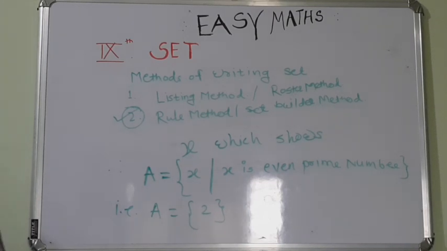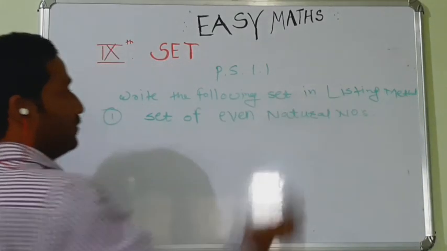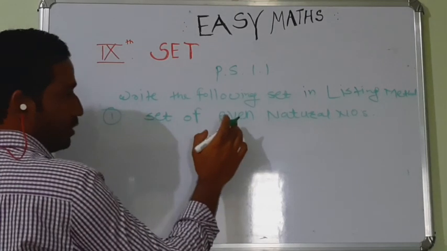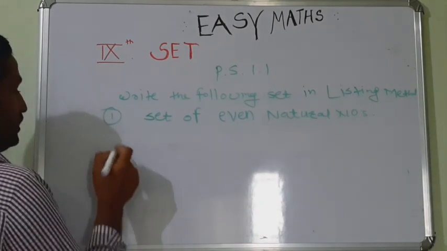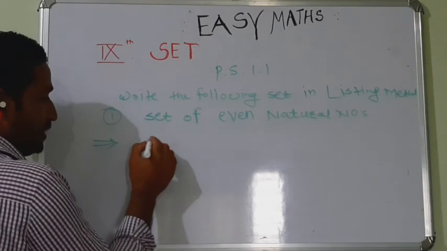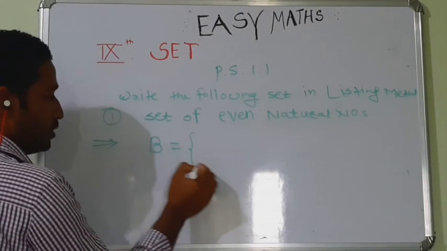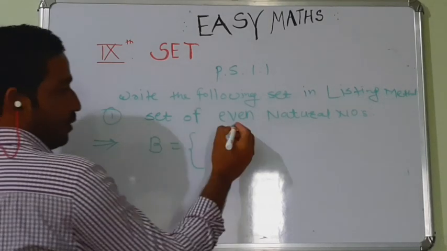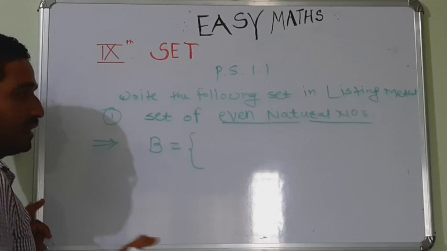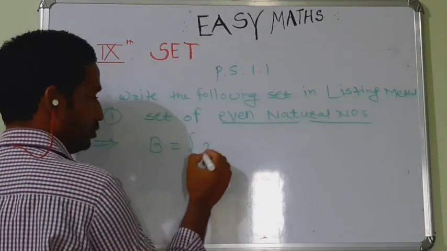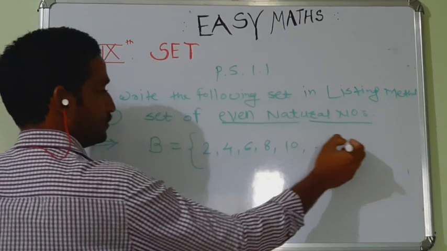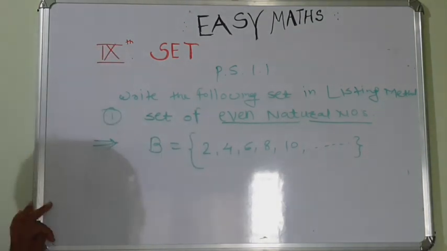Practice set 1.1. Write the following sets in listing method. Question number 1 is set of even natural numbers. That is, we can choose any letter, set B equal to set of even natural numbers, that is 2, 4, 6, 8, 10 up to infinity.